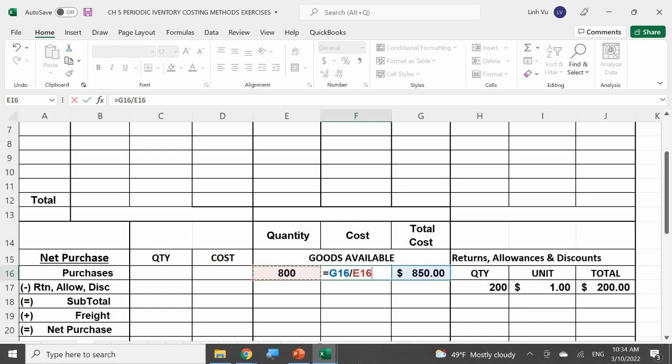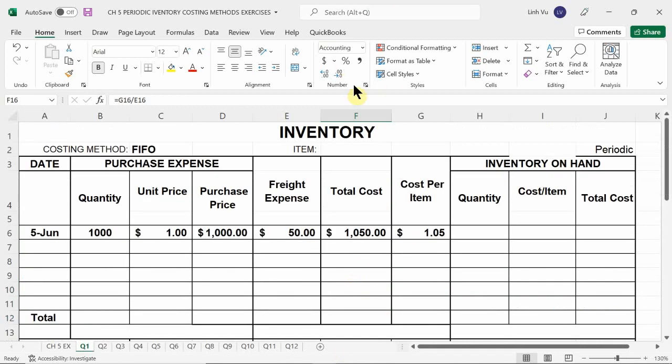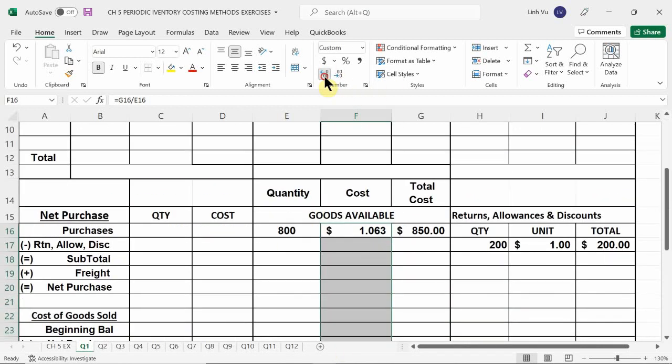850 divided by 800 is 1.0625. And I'll expand it for you guys. Because now you have only $850 and you're spreading it over 800 units.